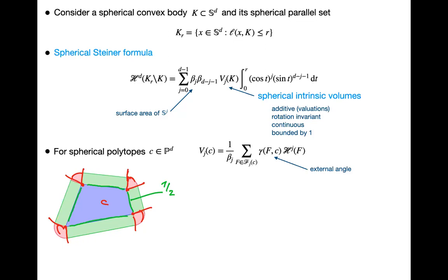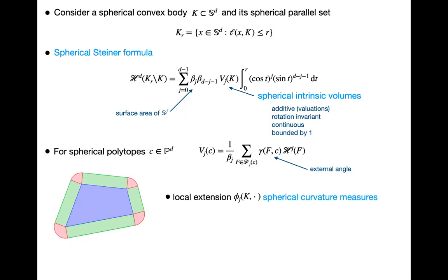So these are the interesting objects that we would like to look at, and they also have local extensions, so measure extensions. These measure extensions are obtained as follows. You have a Borel set, so a set on the boundary of your spherical convex body, and now you don't look at the full parallel set, but you look only at a local parallel set.